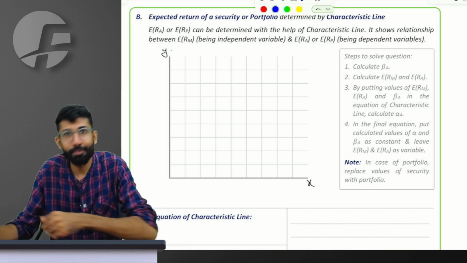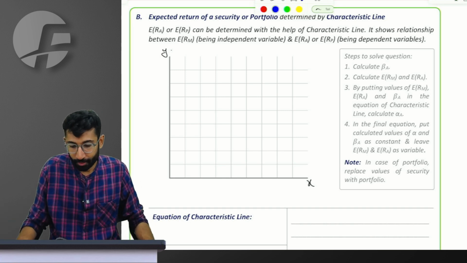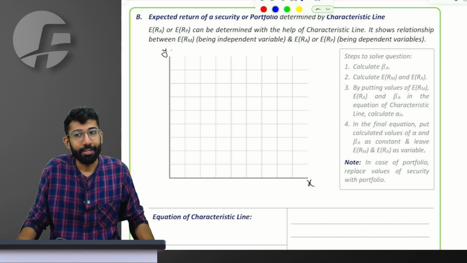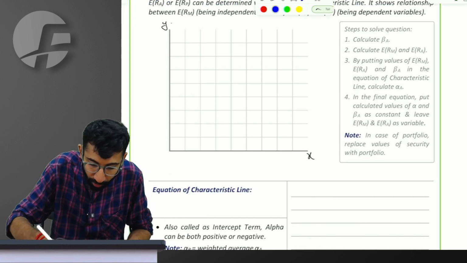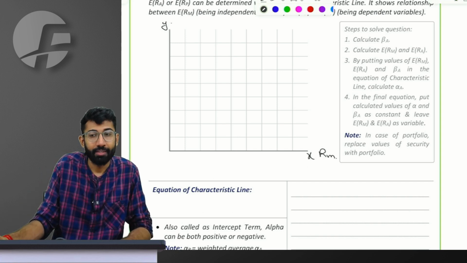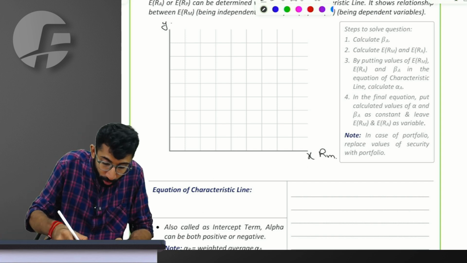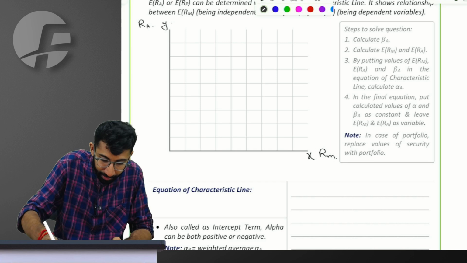I want you all to be 100% attentive. You are going to like it, everyone. Which one do you see is dependent and independent? So obviously, needless to mention, the return from the market is independent, and on the return of the market, the return of a particular security, let us call it the security A, depends.